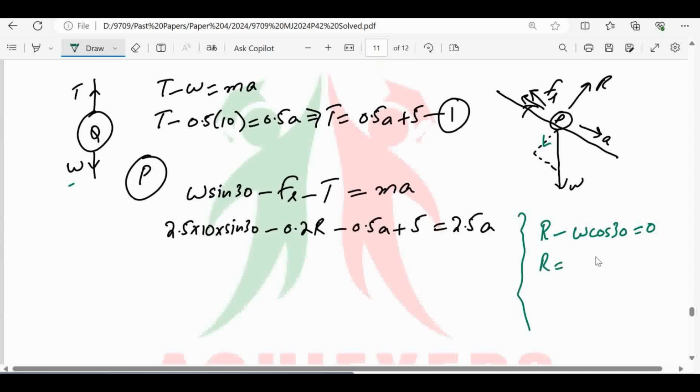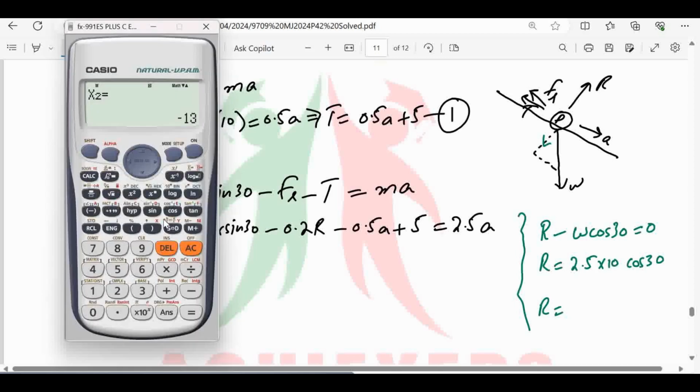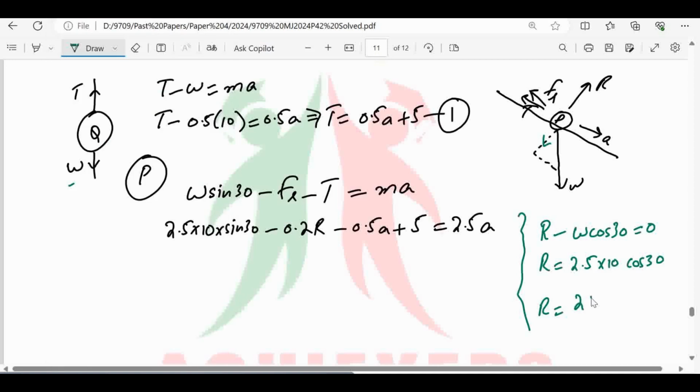So R is equal to 2.5 into 10 cos of 30, which will be equal to 25 square root of 3 by 2. So we can just put it over here.